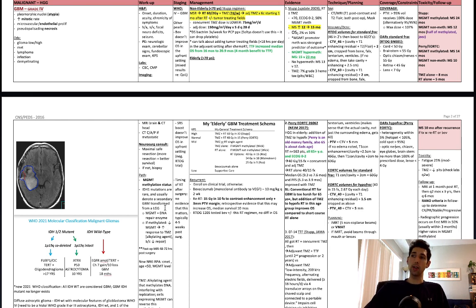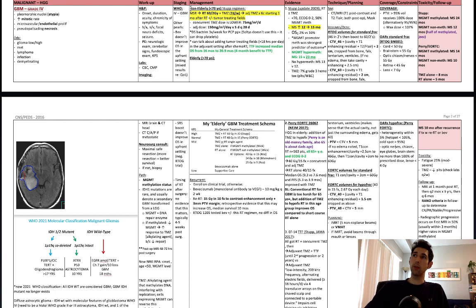It's an alkylating agent, so decreased repair helps. In terms of post-op MRI, you want 48 to 72 hours after surgery. New NRG RPA: cranial mets, age less than 50, MGMT level. TMZ is an alkylating agent that methylates DNA, interfering with replication. Cells that express MGMT can reverse this methylation damage.